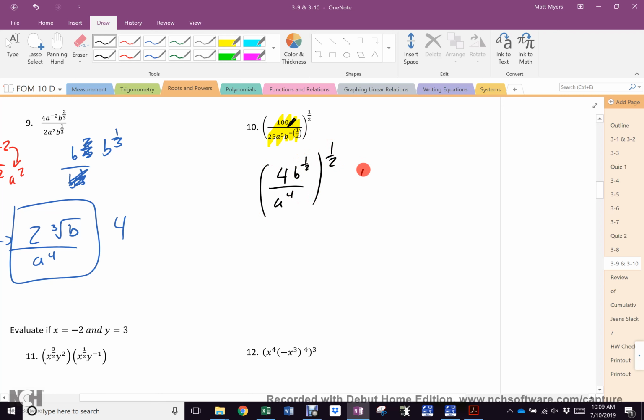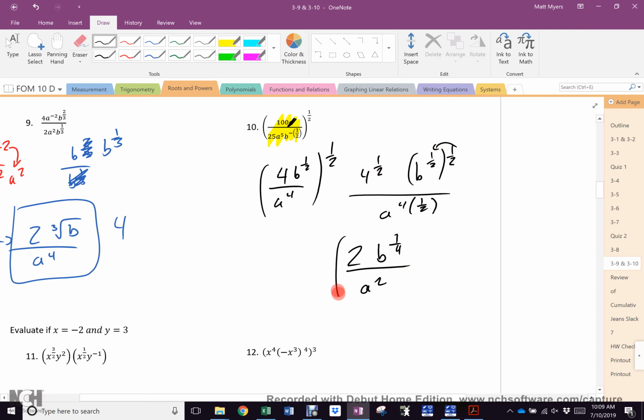Because now I get 4 to the 1/2, b to the 1/2 to the 1/2 over a to the 4 to the 1/2. 4 to the 1/2 is 2, b to the 1/4 because that multiplies, and what's half of 4? A squared. And you can do it all in one step.